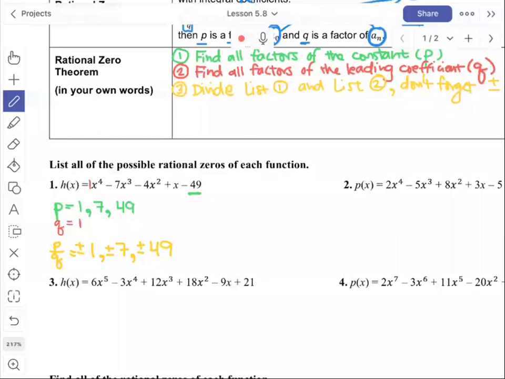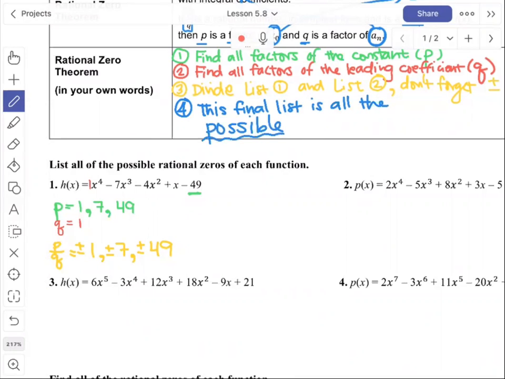Now, basically, step 4, well, it's not really a step. It's basically telling us what this final list is. So this final list are all the possible rational zeros of this function.